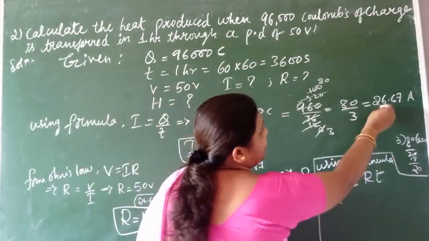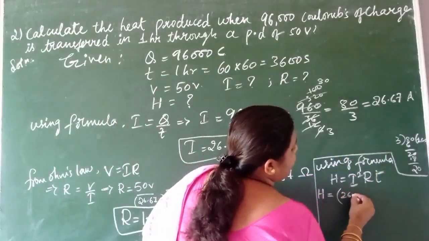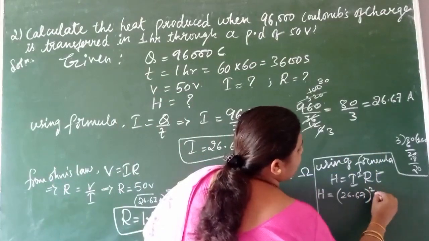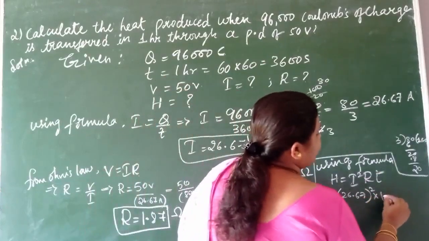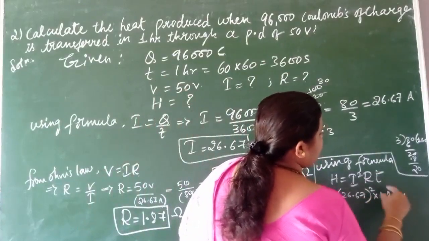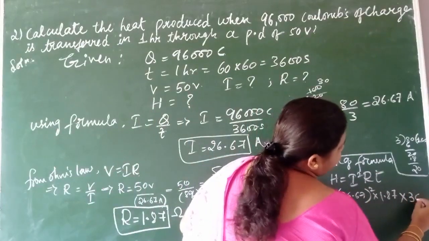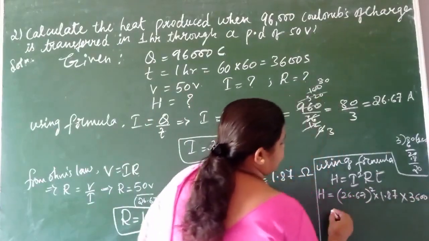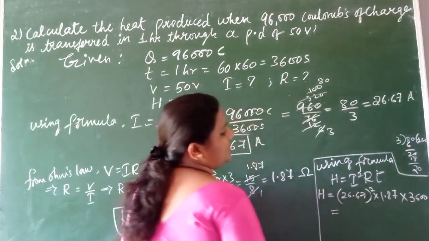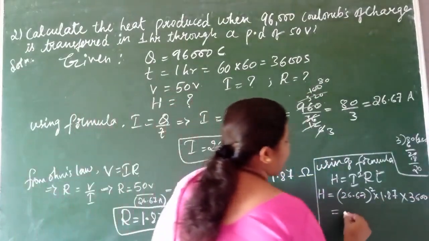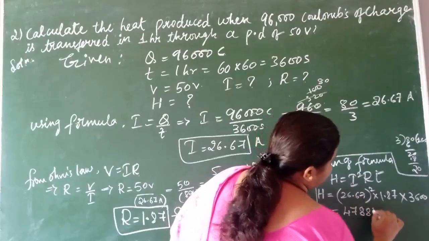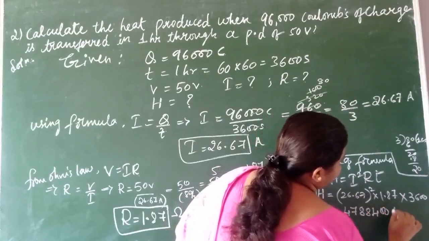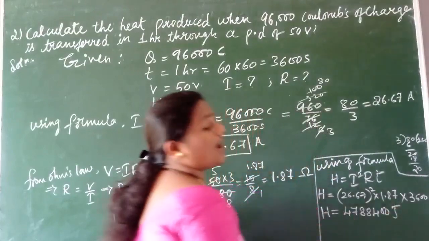Then I is 26.67 whole square, into the R value, which is 1.87, into the time value, 3600 seconds. Upon multiplying, we will get 47.88 joules as the H value.